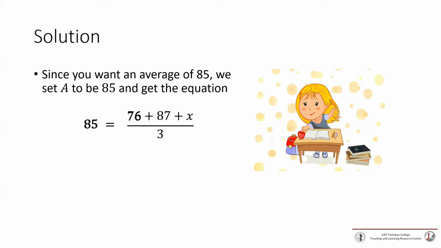Then you perform the operations: copy 76 plus 87 plus X. Then you cross multiply, 3 times 85, which is equal to 76 plus 87 plus X.